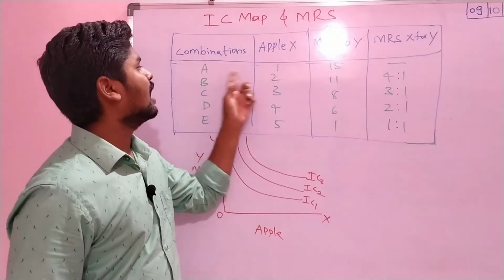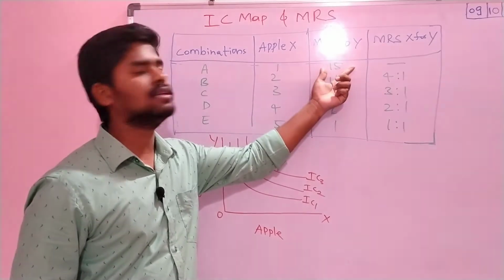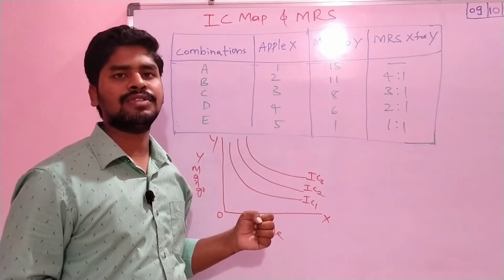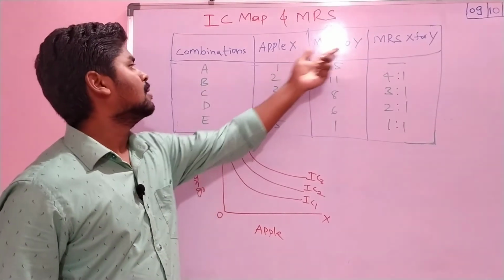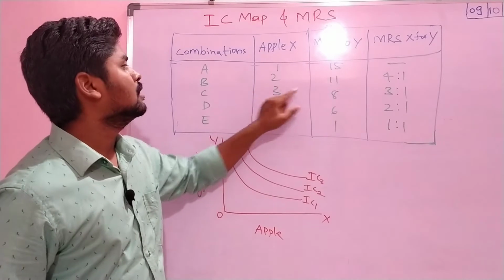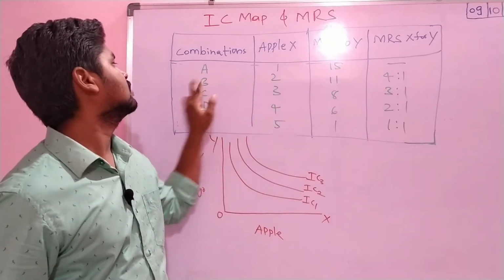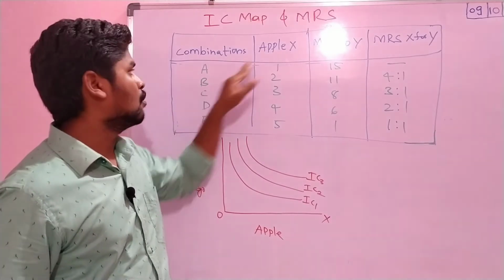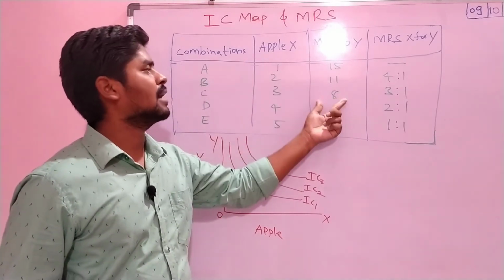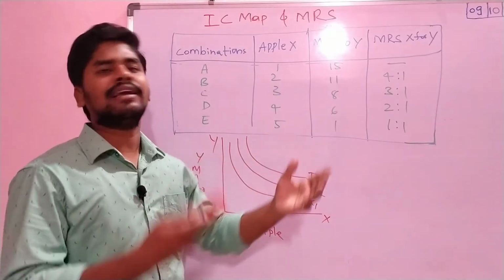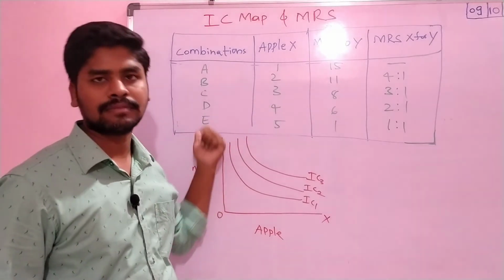For combination A, we take 1 apple and 15 units of mangoes. In combination B, we have 11 units of mangoes, so 4 units are forgone for getting one apple. In combination C, we again forgo 3 units of mangoes to get 1 apple.